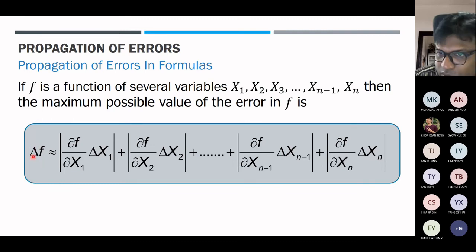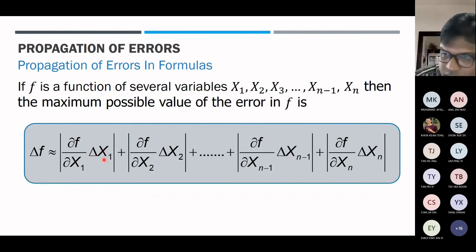So this is delta f, the change in f, which equals the partial derivative of f over x1, which means regardless of the numbers, if it is x1, we only need to differentiate with respect to that particular variable. Then you multiply by delta x1.